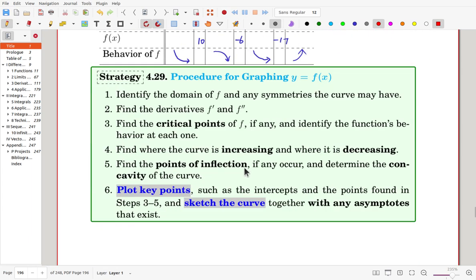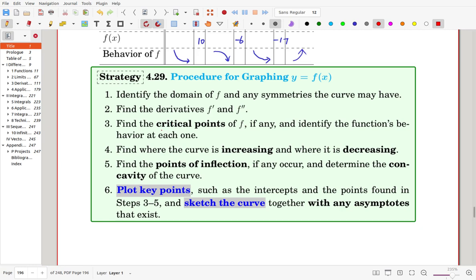So we have a summary for graphing. First, you have to identify the domain, and if it is symmetric, then you may try to explore symmetry. Try to get the first derivative and second derivative, and now find critical points.